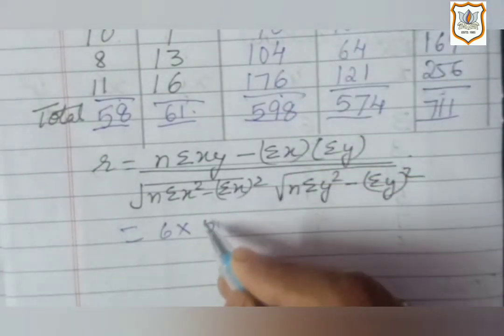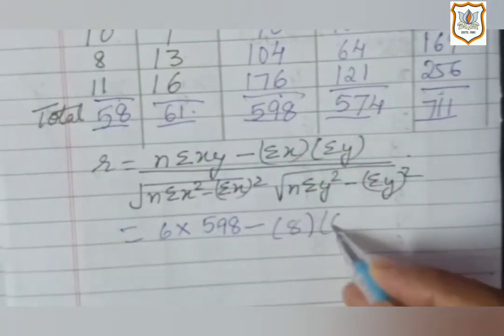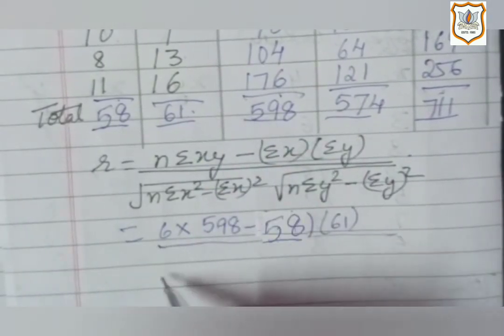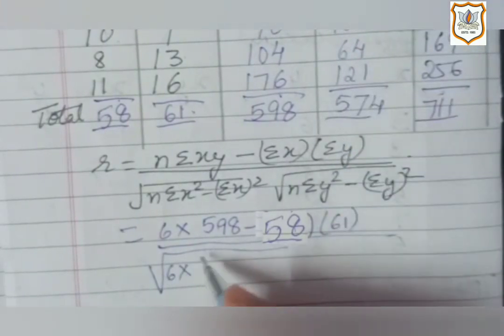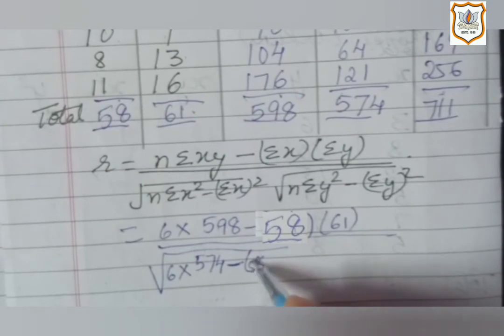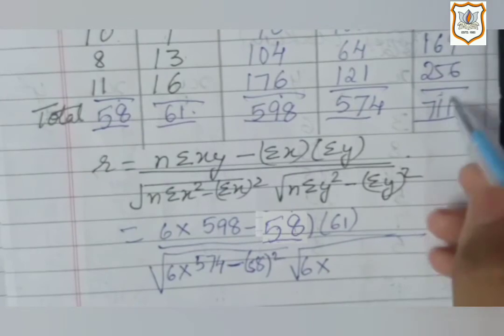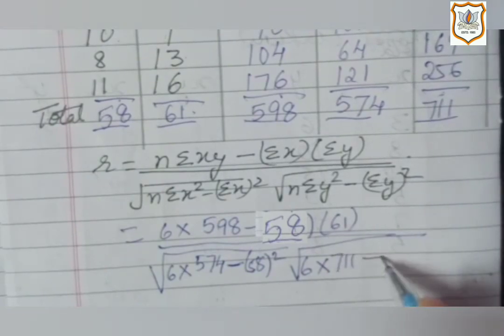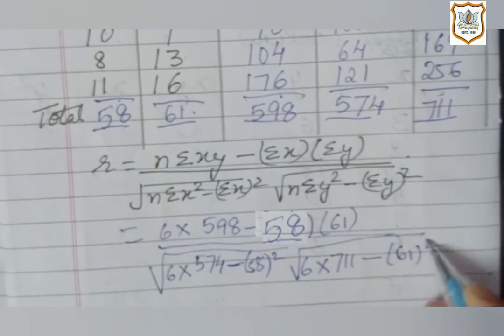Xy total is 598 minus 58, that is sigma x, sigma y is 61 divided by under root of 6 into x square total, that is 574, minus sigma x, that is 58 the whole square, into under root of 6 into y square total 711 minus sigma y, that is 61 the whole square.